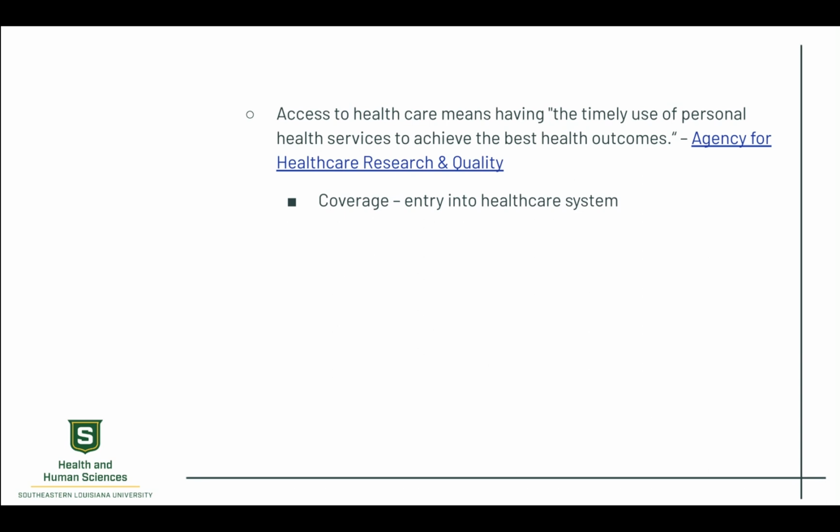Can I afford this? Meaning that there may be some necessary services that you would choose not to take because you cannot afford it. So that is where entry to the healthcare system comes in.